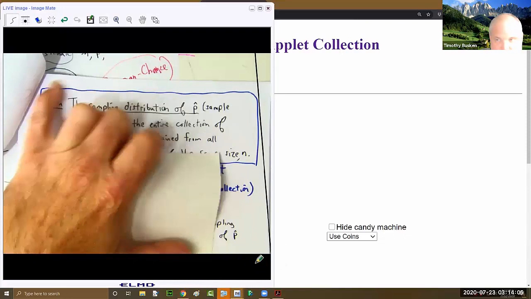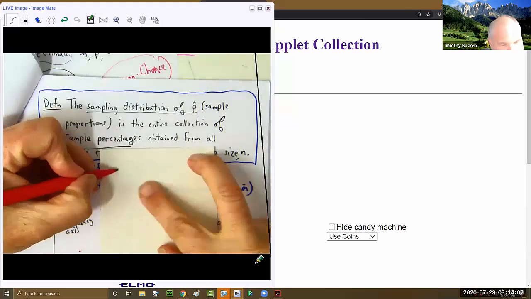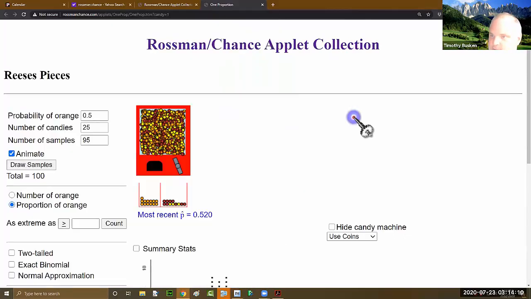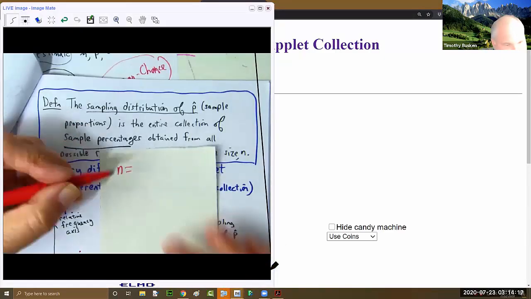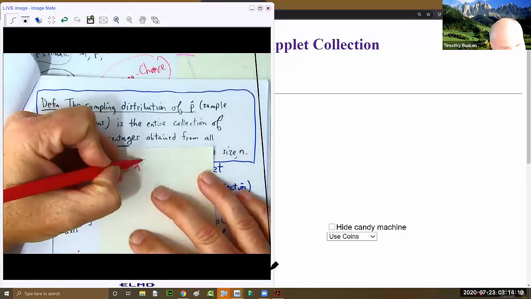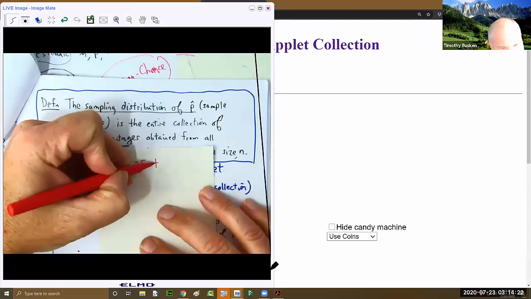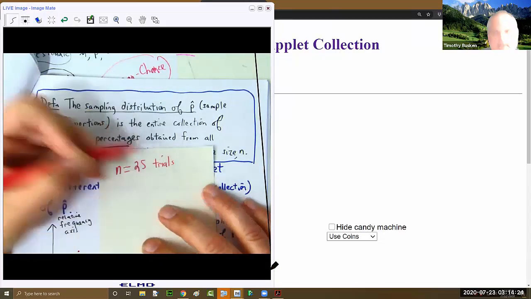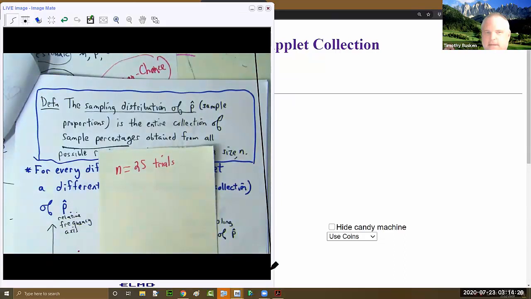I want to point something out that's important. N is 25, I think we made N 25 on here. So you've got 25 trials here. Every time you take a sample of 25 candies, every time you get a candy out of the machine, you're measuring: is this candy a success?